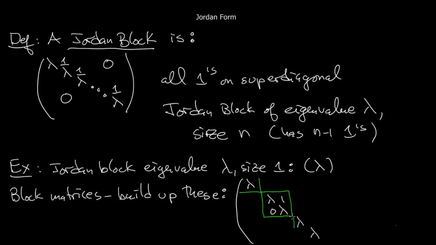And let's see, let's add two little 1 by 1 Jordan blocks to that. So this is the process that we're going to be doing. We're going to be building up matrices out of Jordan blocks like this.